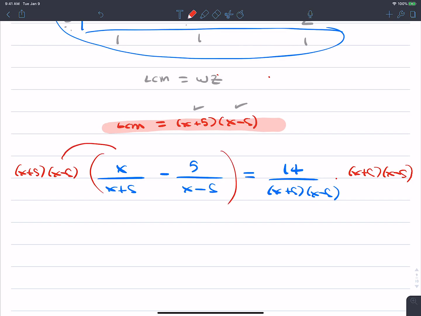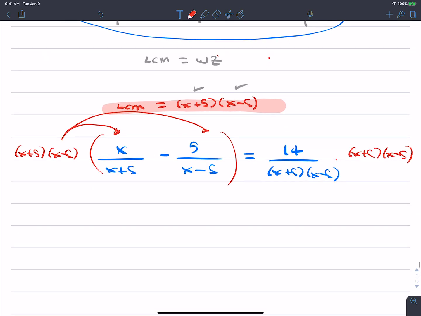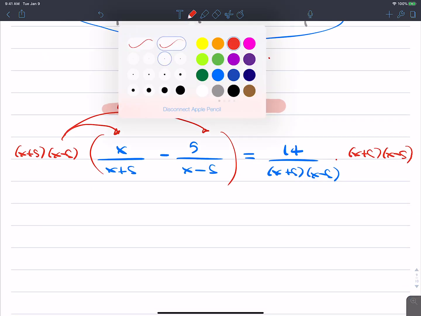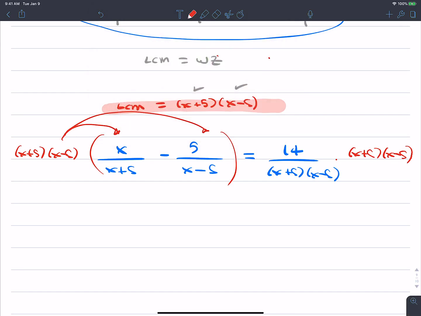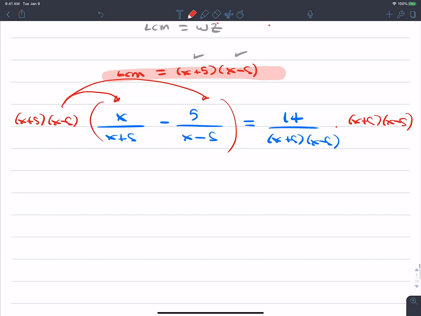Okay, don't forget to what? Distribute. And when we distribute, that just means your LCM is multiplied to every single term. So you should see it this way.